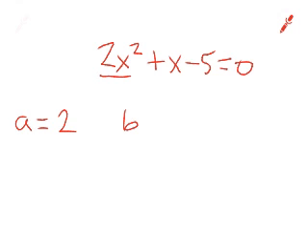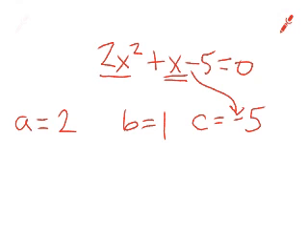The b value is always the coefficient of the x, and then the c value is always the constant. And you have to be careful to carry any sign with the number. So in this case, we have to make sure that c is equal to -5.